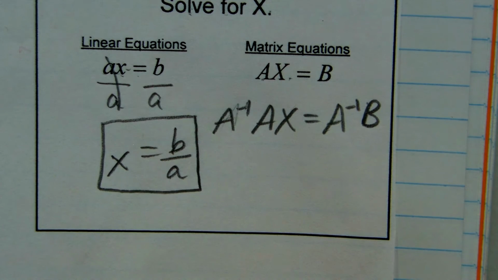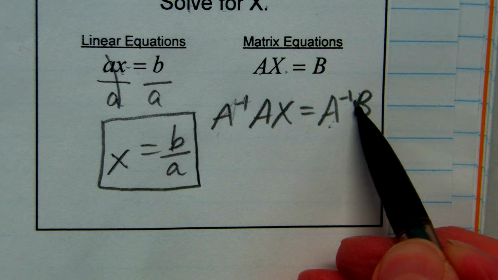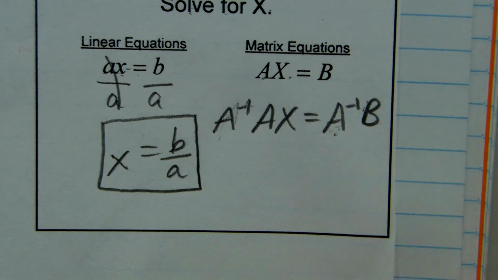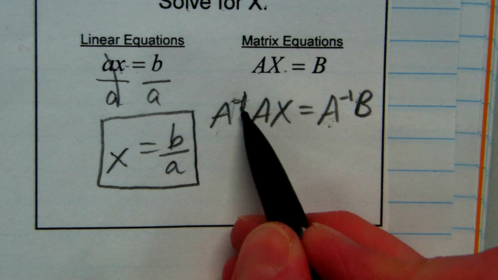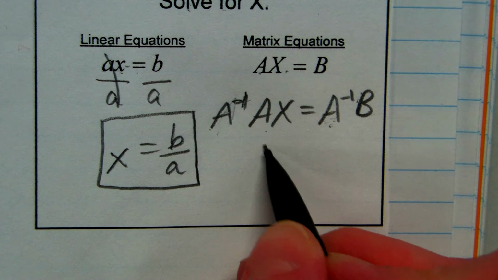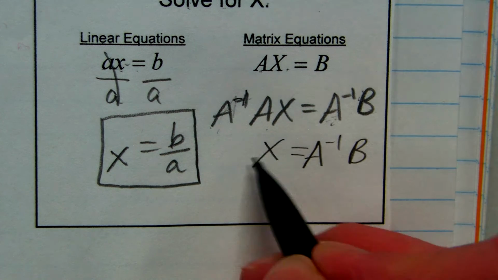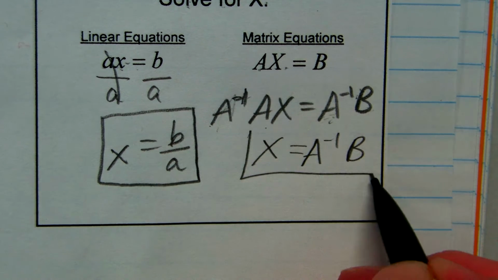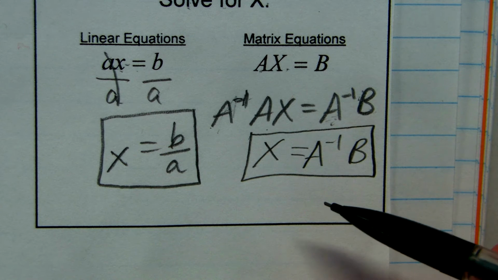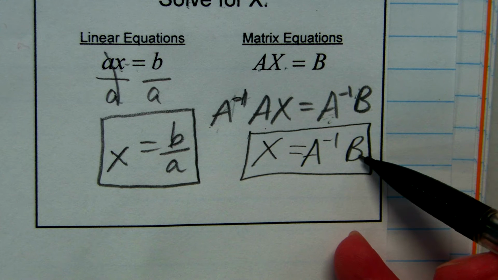Now it's important that the A inverse is in front on both sides. Because if I switch B and A inverse, it doesn't work. It is A^-1. That means the inverse of A. What that does is that cancels out this A and leaves you with X. And then it's A inverse times B. So if I'm trying to solve for all of the variables, that matrix with the variables in it, I find the inverse of the coefficient matrix and then multiply it by the constant matrix.